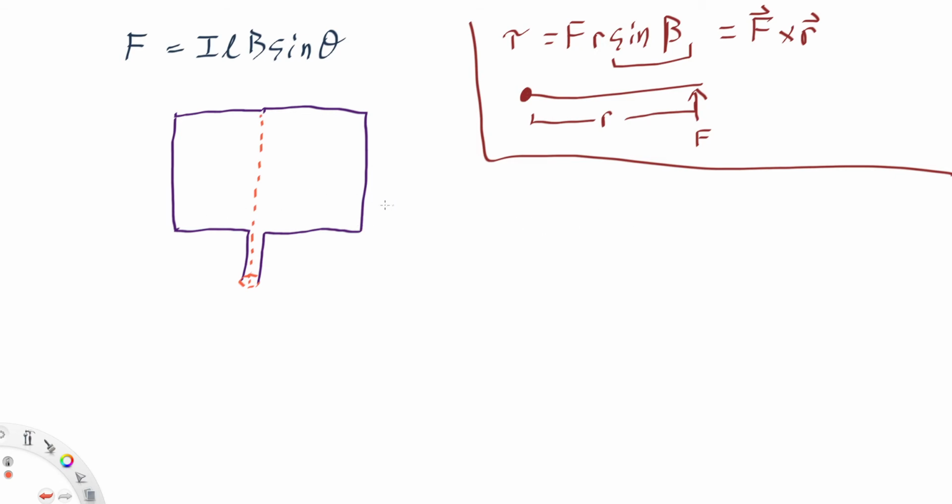So it's fixed in place other than it's allowed to rotate, say from left to right or right to left. And say we run a current through this wire. So we have a current that goes through all the pieces of this wire.